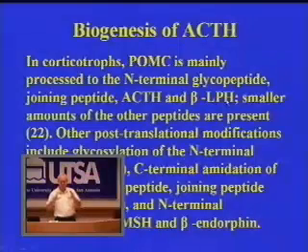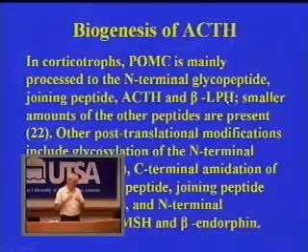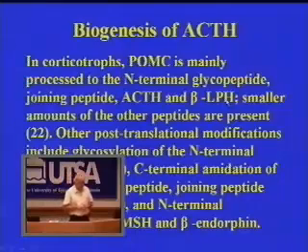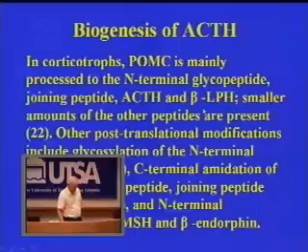Just somehow the cell gauges everything so that norepinephrine is what I'm going to release, but some of my dopamine is going to escape. And as well, in this case, the anterior pituitary cells are going to secrete, the corticotropes of the pars distalis secrete mostly the ACTH, but if you could capture one of those cells, you'd pick up a little bit of alpha MSH, and so on and so forth.